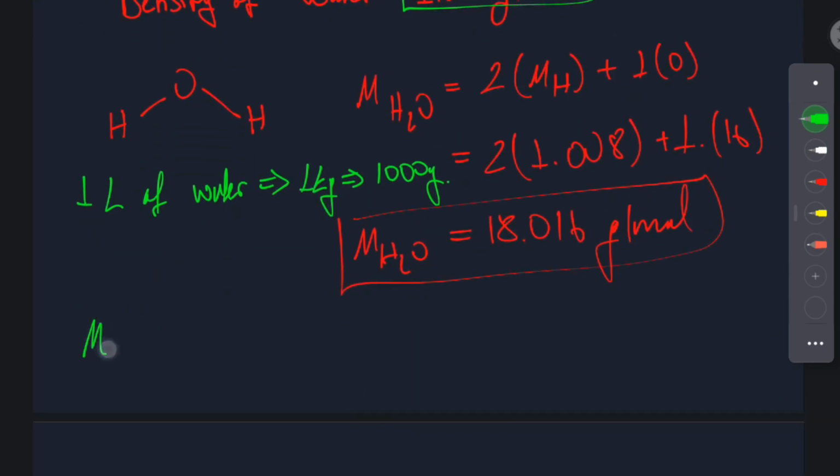And molarity again is mole per liter, or N over V. We just need to know the number of moles in 1000 gram of water.